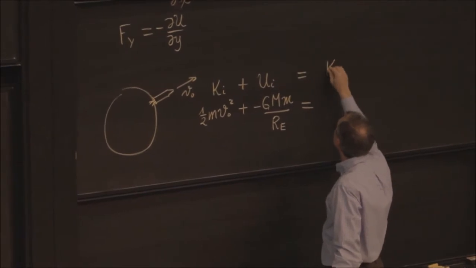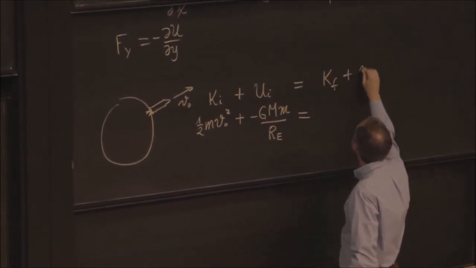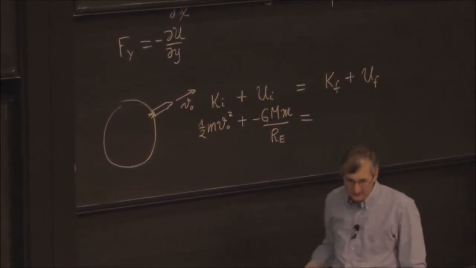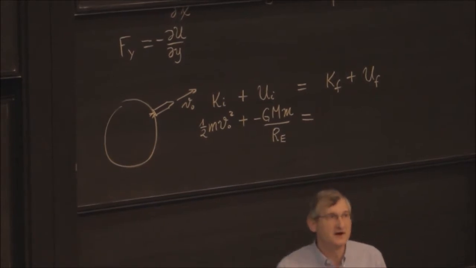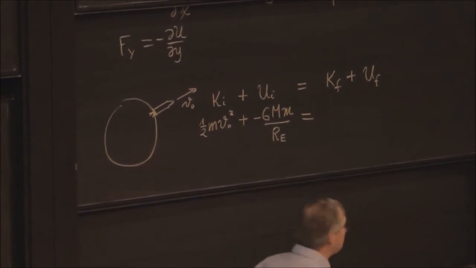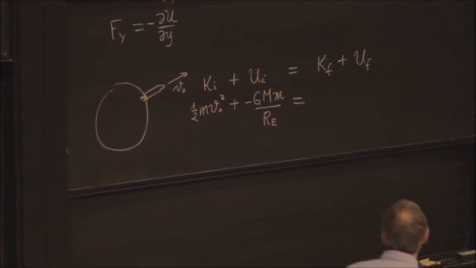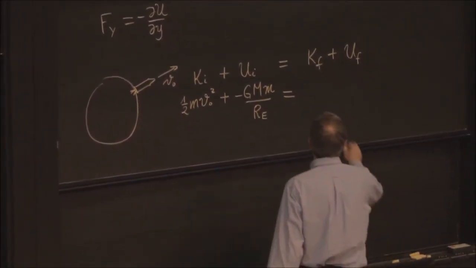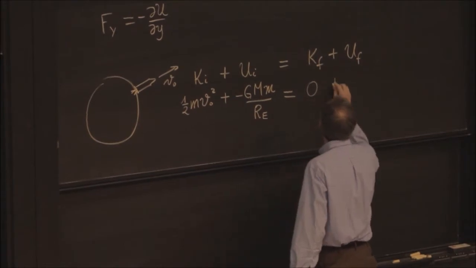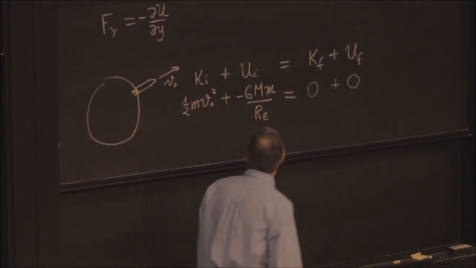So this will be equal to K final plus U final, a statement of energy conservation. What's K final at minimum? Zero. And what's U final? Aha.